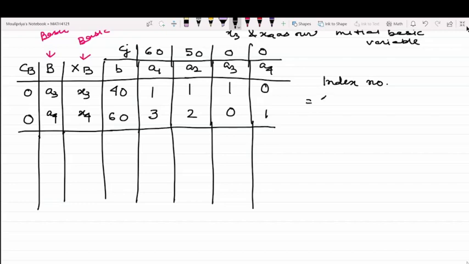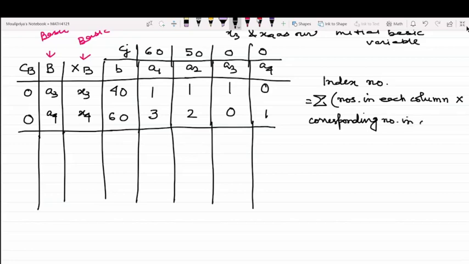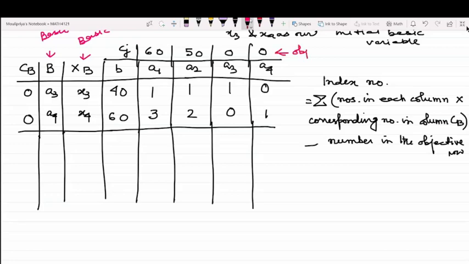The index number is the summation of numbers in each column, sorry, numbers in each column, into the corresponding number in column CB, minus the number in the objective row. This is our objective row.